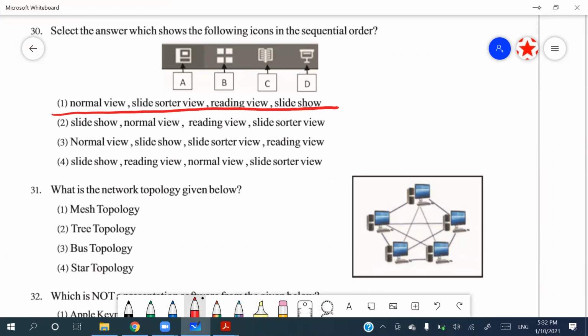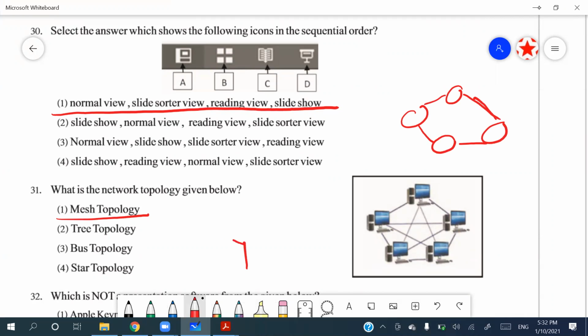What is a network topology given here? So this is a mesh topology, right? So each computer is connected with all other computers using a separate line, right? If it goes like this, it's going to be the ring topology, right? But here it is going to be the mesh, right?